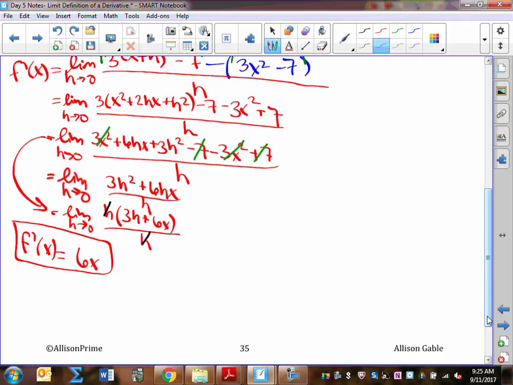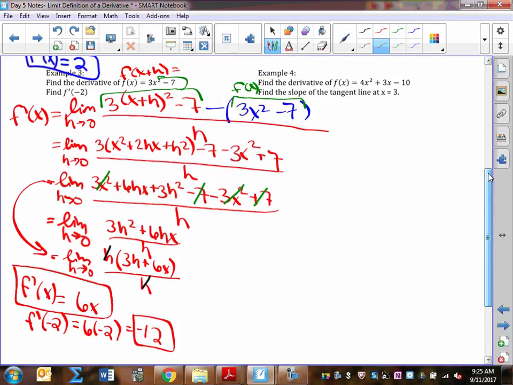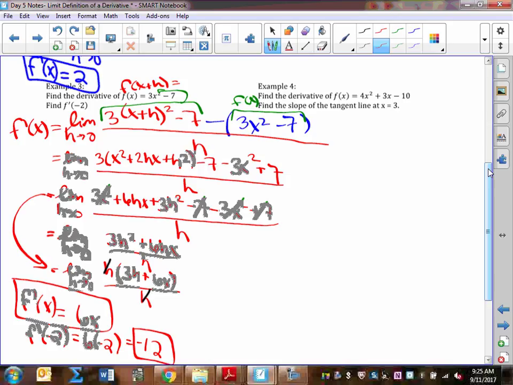Alright, so we want to find, was it f prime of 2? Positive? Negative 2? Okay. F prime of negative 2. So 6 times negative 2. So negative 12? Yeah. Okay. Alright. Questions on that one? Okay.